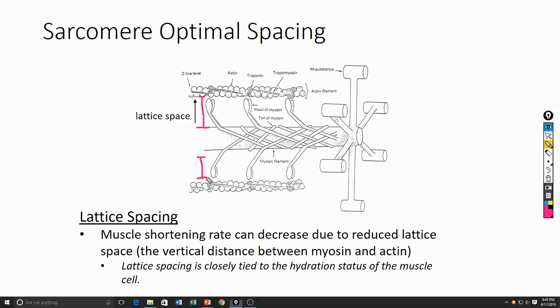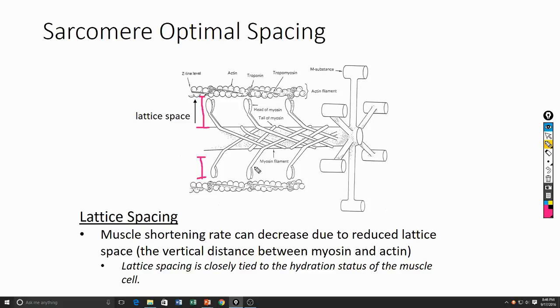So if you have less lattice spacing, then the myosin cross bridges, once again, are not able to optimally grab onto the actin filaments. They'll still be able to, but it won't be as good as it could have been if it were properly hydrated and that lattice space were at its optimal. Like I said, this is going to be a recurring theme within physiology.